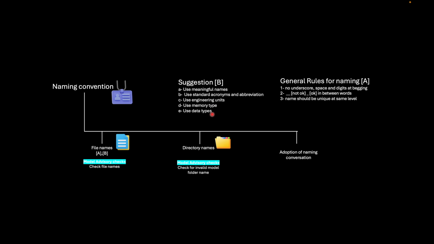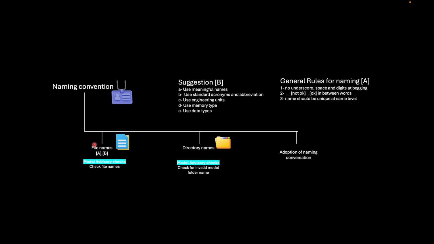Use the data types too: if needed, you can use different data type names in the file name, so that it will be easier to understand the file from the name itself. So this is how it relates to the file names.